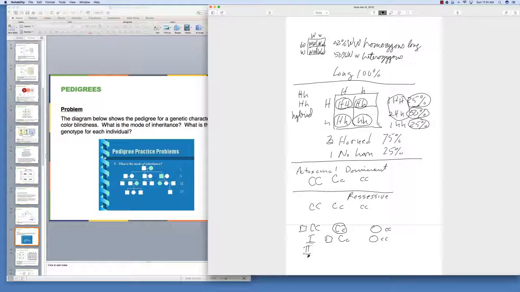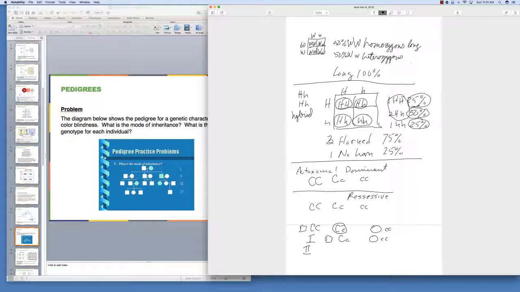The second generation, this person again can be either cap C little c or cap C, but can't possibly be cap C because mom is affected, so she had to pass a little c to this girl.